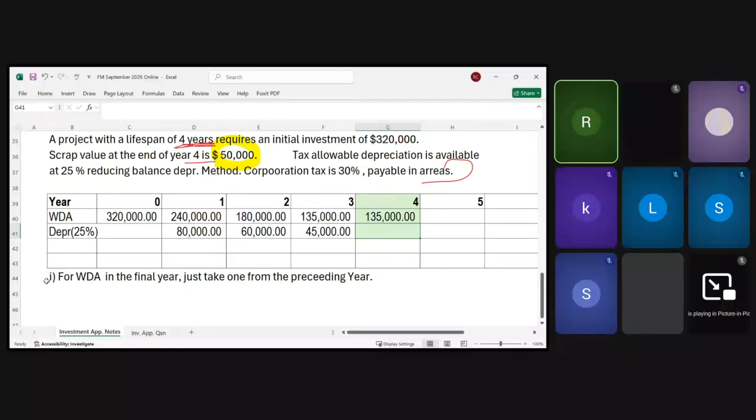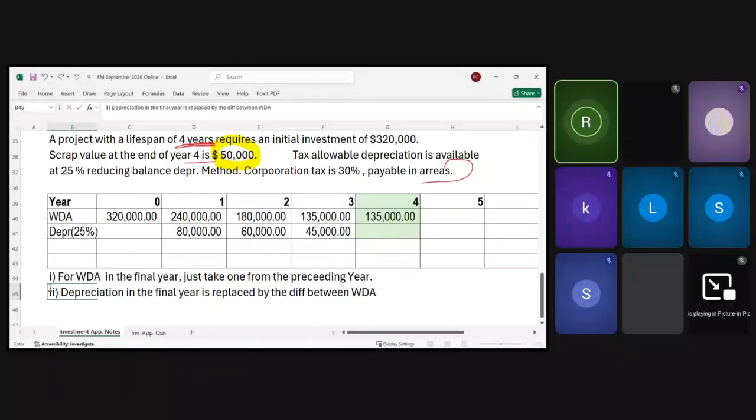Depreciation in the final year is replaced by the difference between WDA and scrap amount.